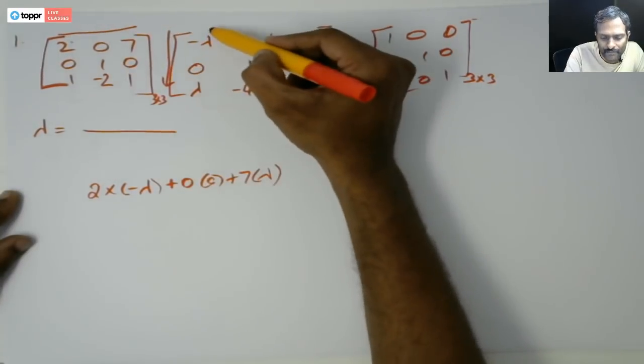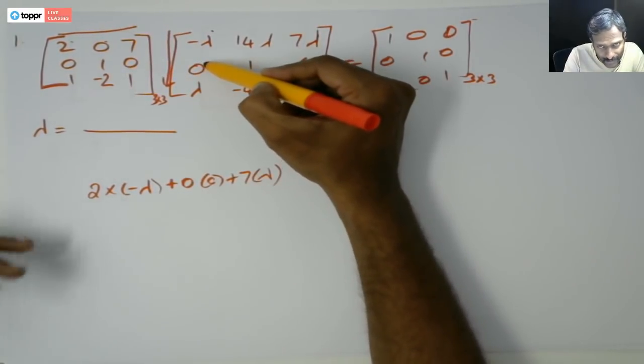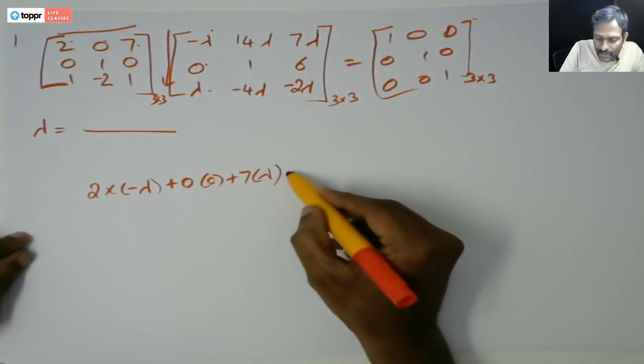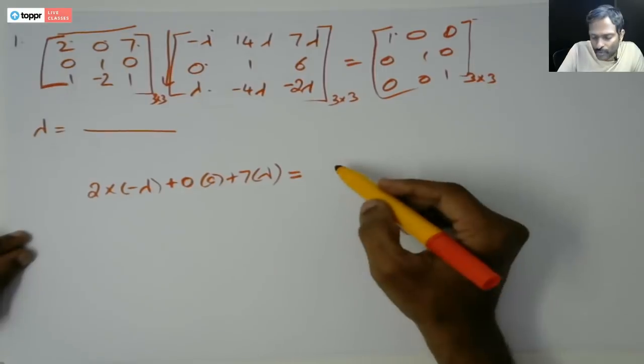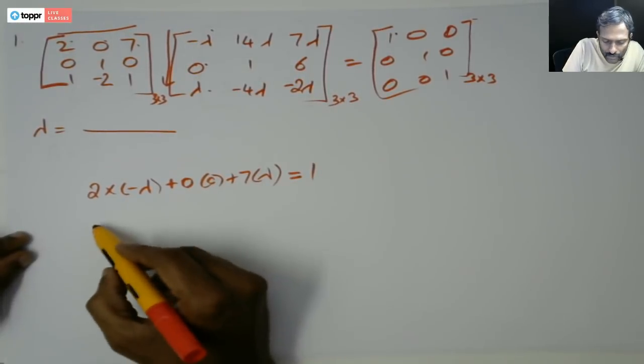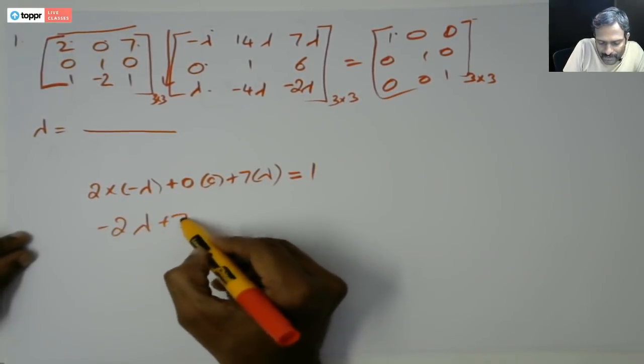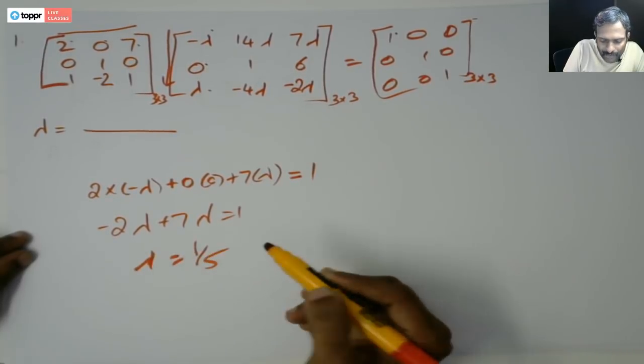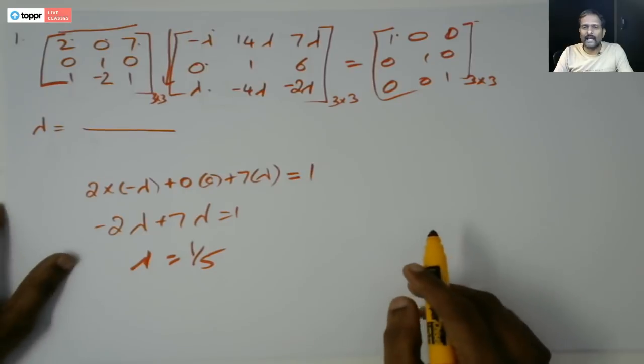The first into the first, the second into the second, and the third into the third element in the column. This value should be equal to the corresponding element, which is 1. So minus 2 lambda plus 7 lambda is equal to 1. So you get lambda is equal to 1 by 5 as the answer.